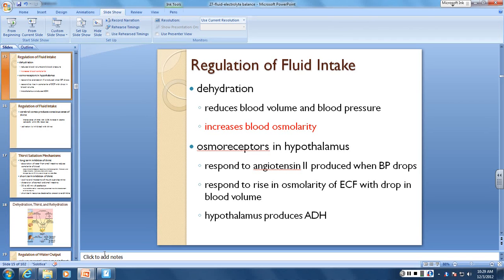There is some concern when blood pressure goes up, but blood pressure dropping is a much more immediate danger to the body. So the renin-angiotensin-aldosterone system is a mechanism to make sure that blood volume stays where it should, so that blood pressure can be maintained.